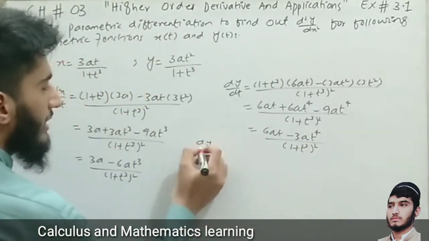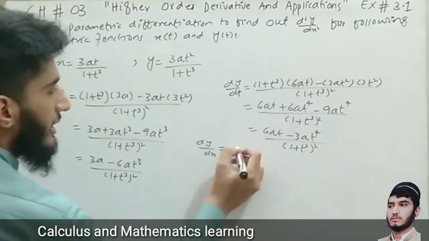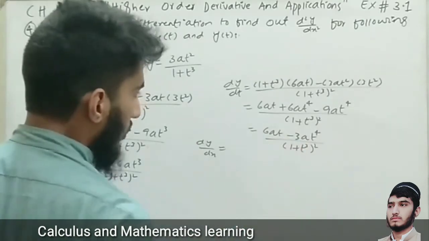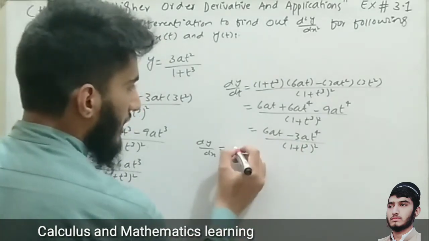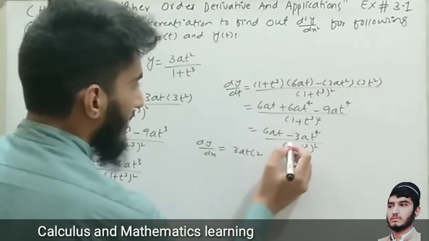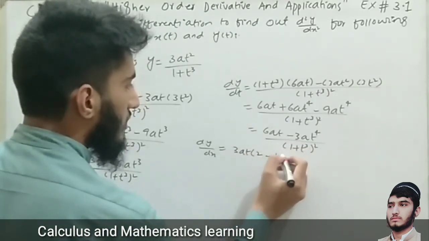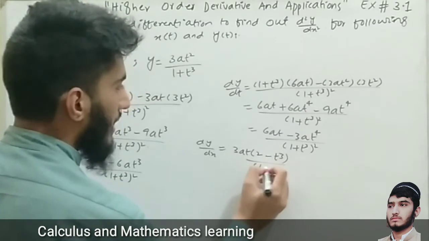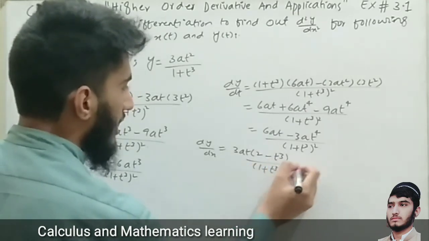Now for dy by dx, it becomes dy by dt. From over here we are going to take 3a common, so inside we are left with 2, and from over here we are left with t^3, divided by (1 plus t cube) whole square.